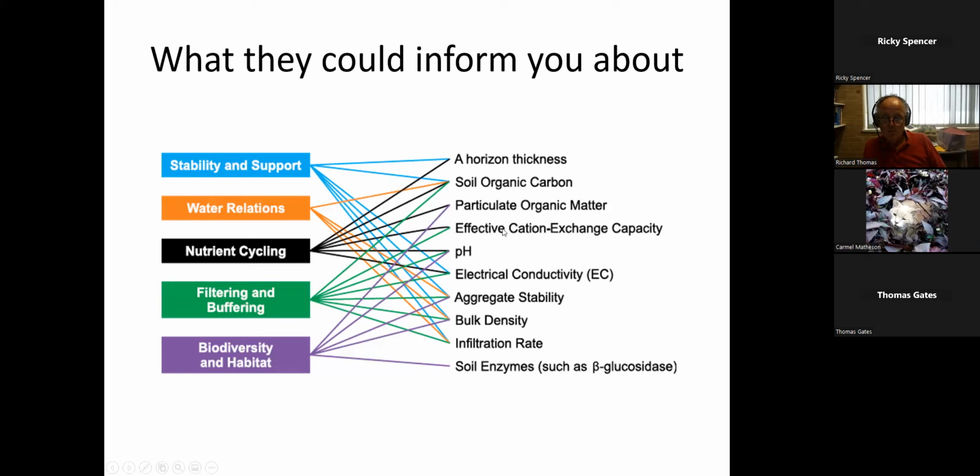So this is important for the long-term viability of the soil. It's pH, electrical conductivity. And you'll notice again, I'm skipping a bit on soil enzymes, which are incredibly important, but it's not my field.